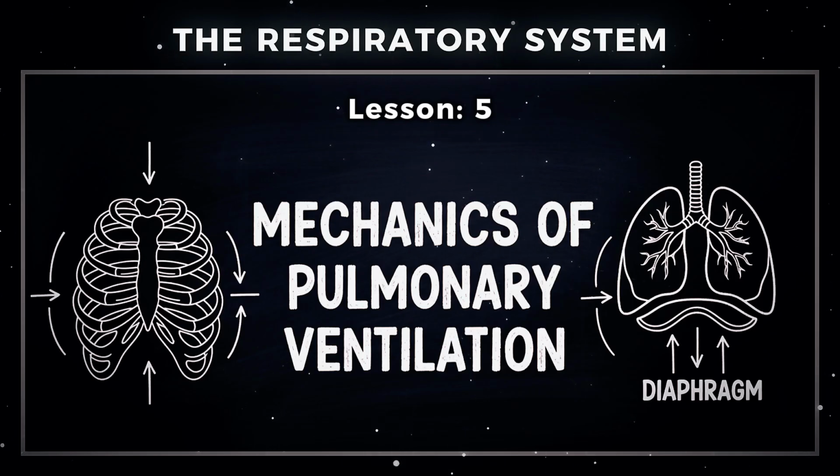There is also the concept of resistance to consider. Not all breaths are created equal. The ease with which the lungs can expand is called compliance. Healthy lungs are highly compliant. They are like a brand new, high-quality balloon that is easy to blow up.